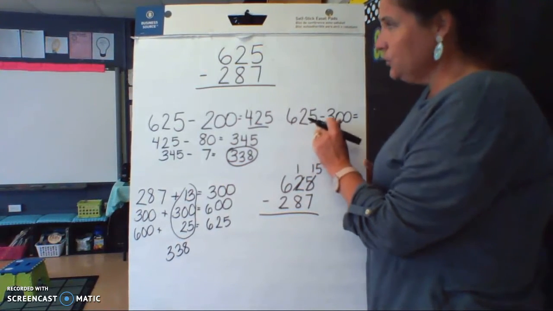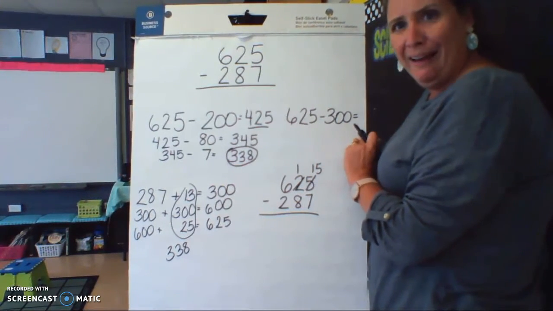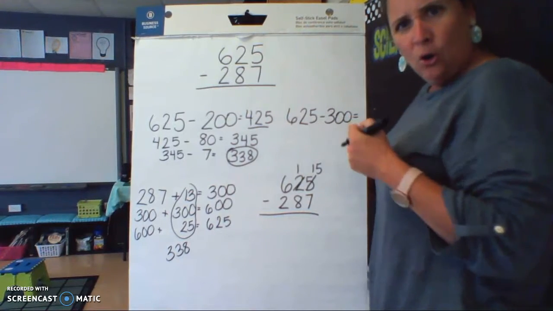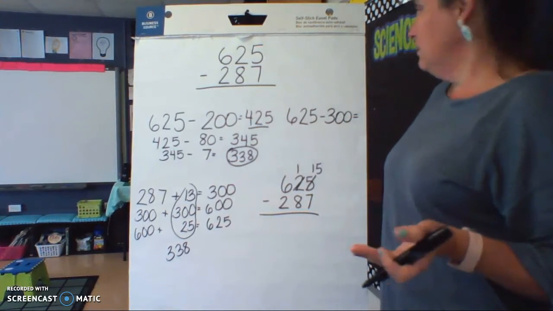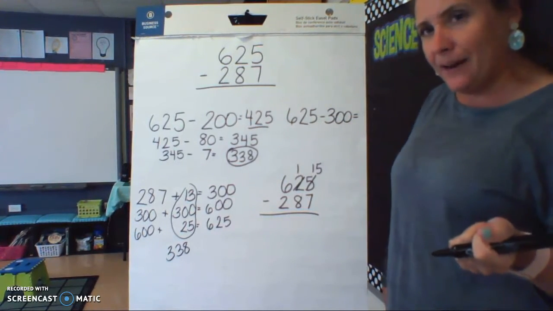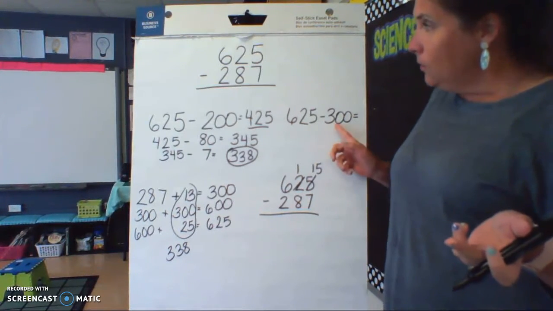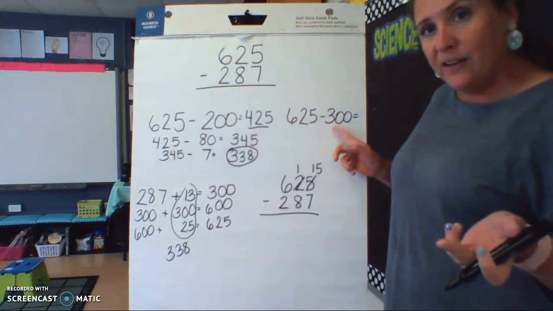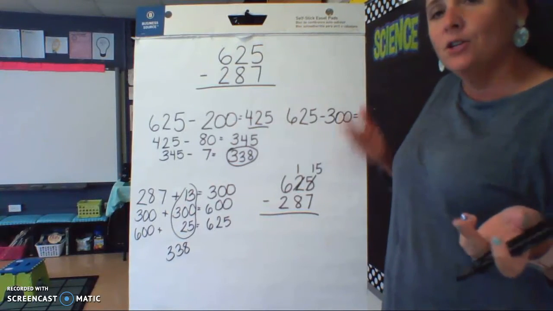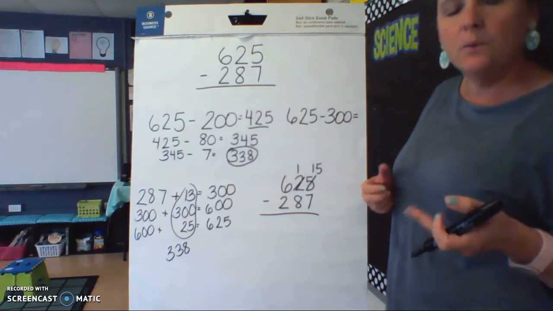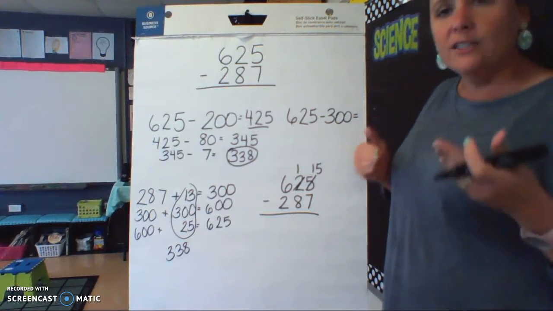We said 625 minus 300, whereas up here it was minus 287. What did we do in this problem? Think about it. Okay, we estimated the 287 up to a friendly number, to 300. So we'd have all those zeros, and it would make it easier for us to subtract.